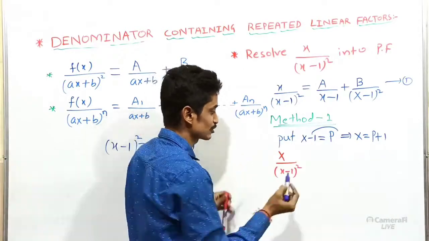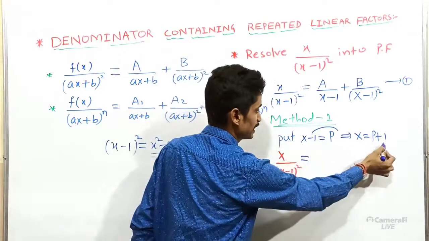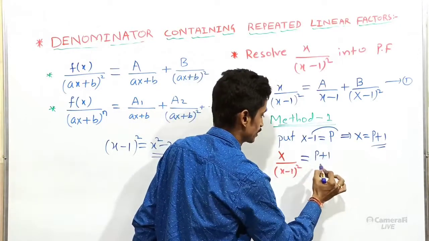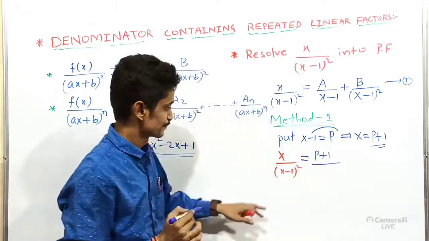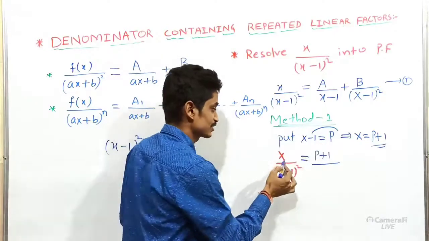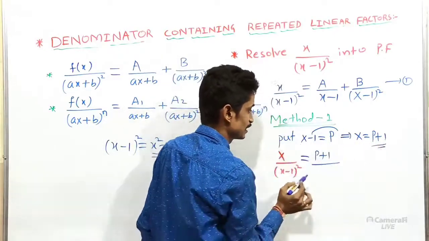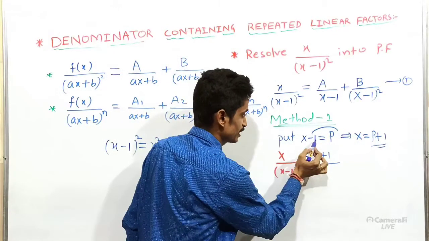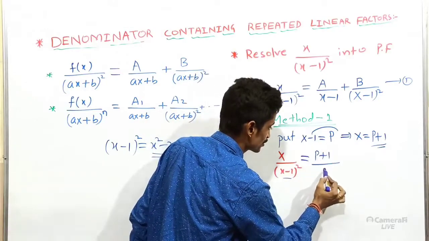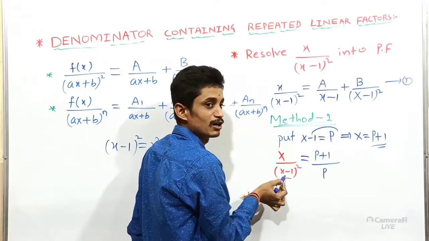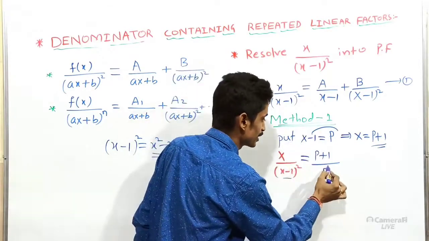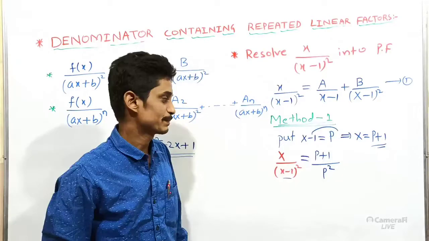How to write this one? x value is p plus 1, then x minus 1 value is p. So I will write p instead of this x minus 1. We know that the power is 2, p square.